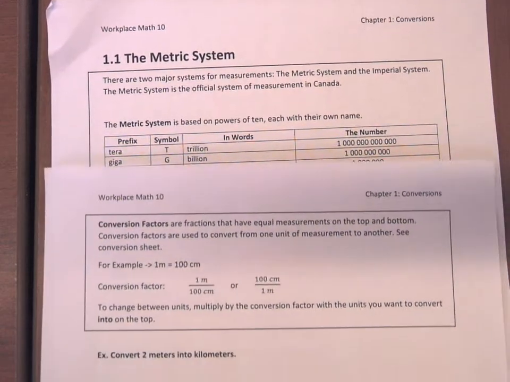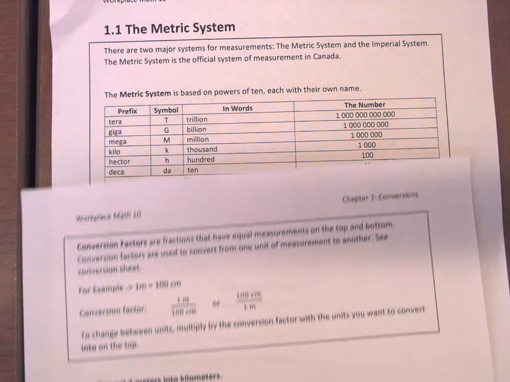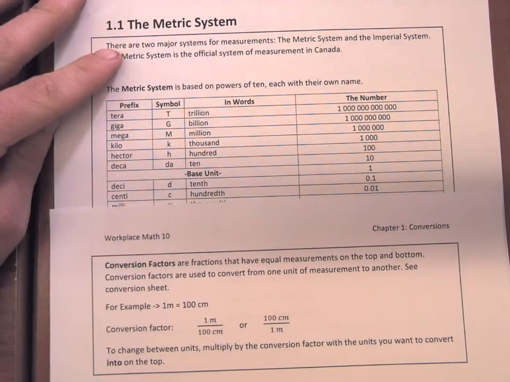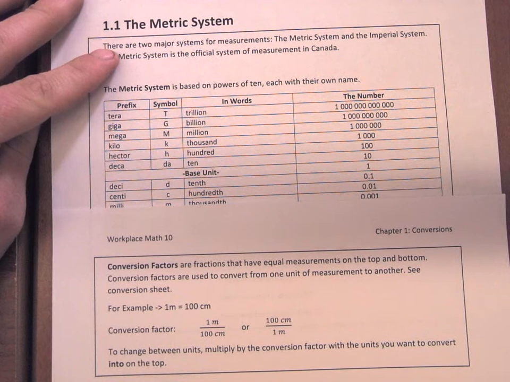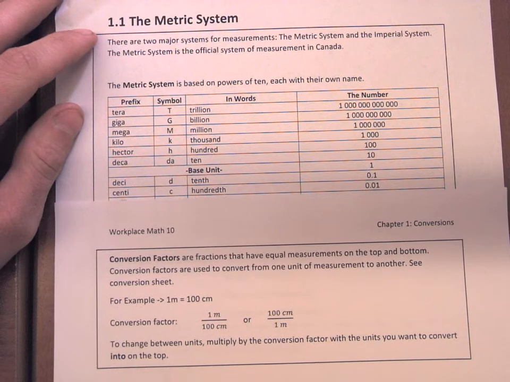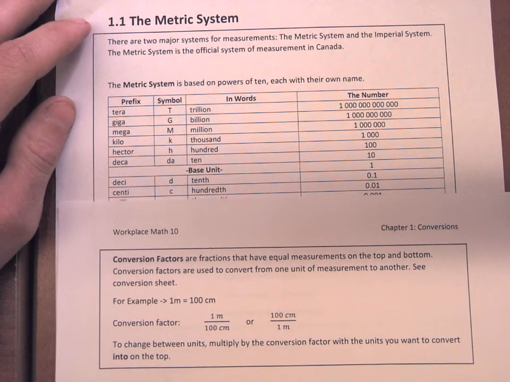So we look at an example here, 1 meter equaling 100 centimeters. So we look at where's centimeters, there's centimeters. And so to convert from centimeters to 1 meter, we have to multiply by 100.